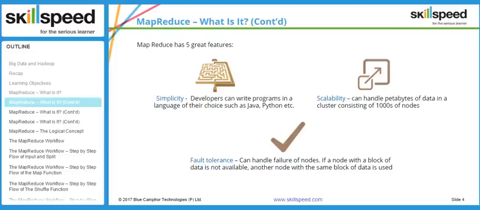So that means the blocks which are part of our data are going to be present in 3 separate data nodes. So a data node not functioning or going down is really not going to have any impact on our processing, because MapReduce can find the next available replica and start processing from there.